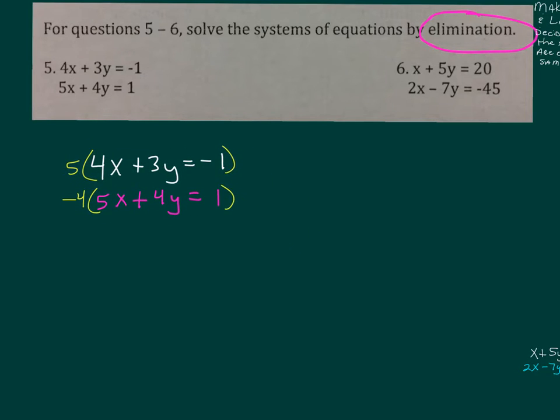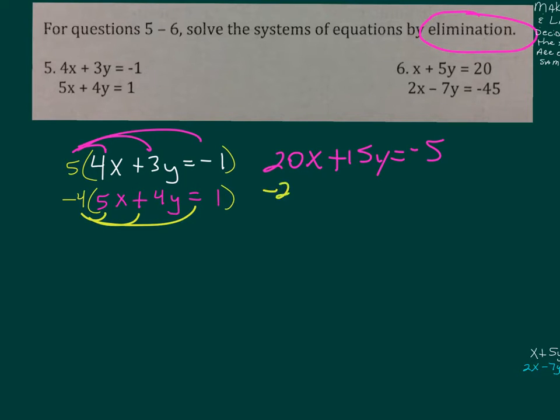When I do that, you got to distribute to everything. So what ends up happening is you end up getting 20x plus 15y equals negative 5. And then down at the bottom, when you distribute, you end up getting negative 20x minus 16y equals negative 4.